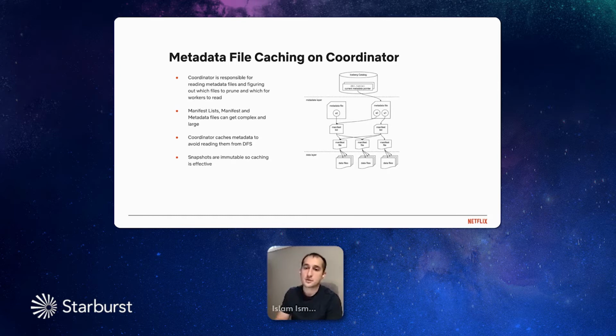So each snapshot maps to a set of files, and whenever you refer to a given snapshot, you can cache those files and be confident that they're not supposed to be mutated. So caching them, and especially caching metadata, is very effective. We've seen a lot of benefit in our use case.